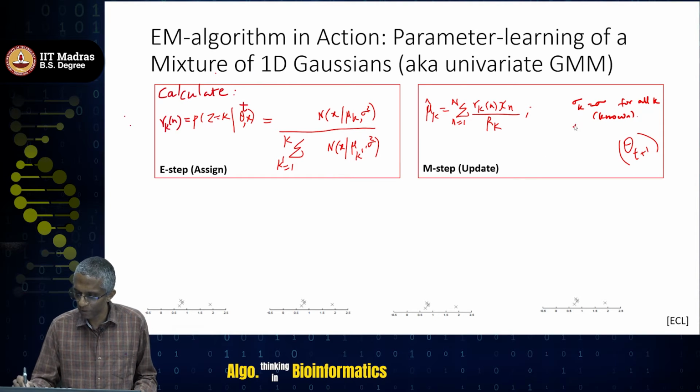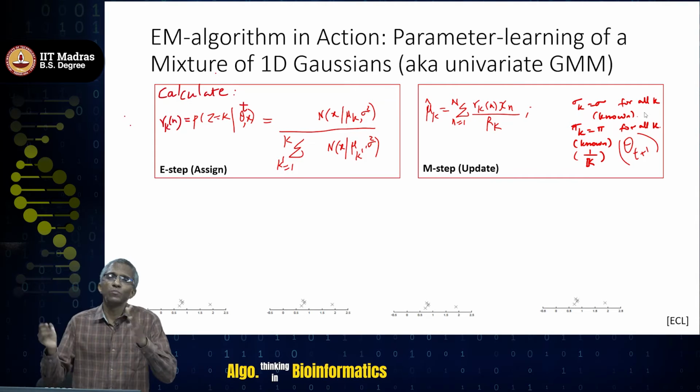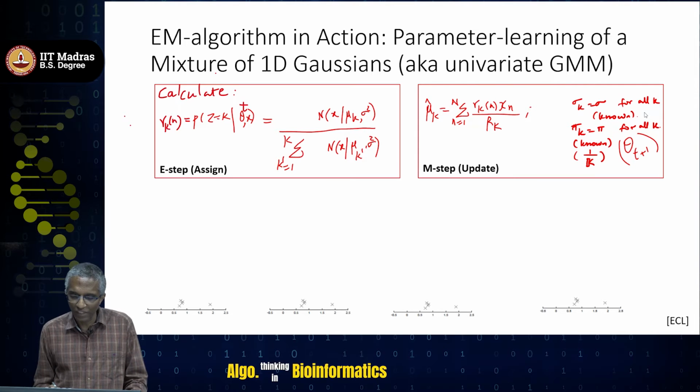Similarly, pi k equal to pi for all k, for all of the components, is also assumed to be known, and that is in fact exactly equal to 1 over capital K. The sigma value is some positive number, so some positive variance.